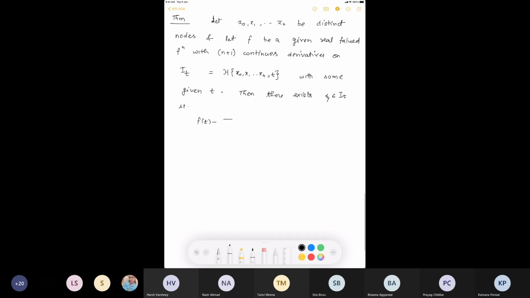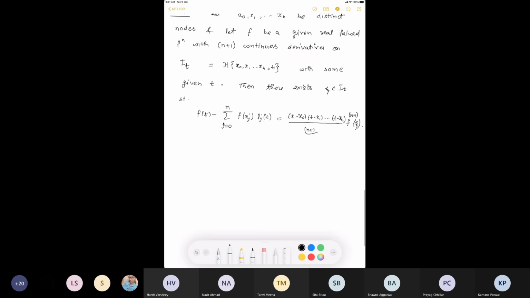f(t) minus the summation of j equal to 0 to n of f(xj) lj evaluated at t is given by (t minus x0)(t minus x1) up to (t minus xn), divided by (n+1) factorial, times the (n+1)th derivative of f evaluated at the point xi.